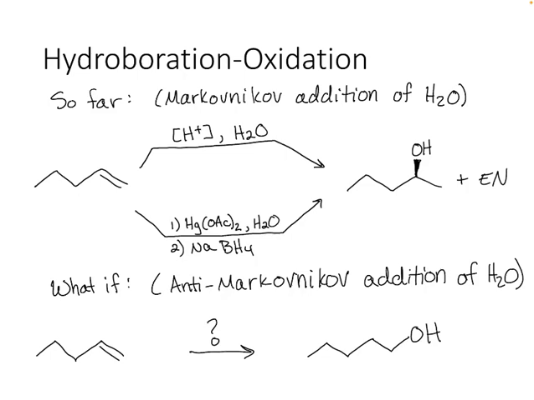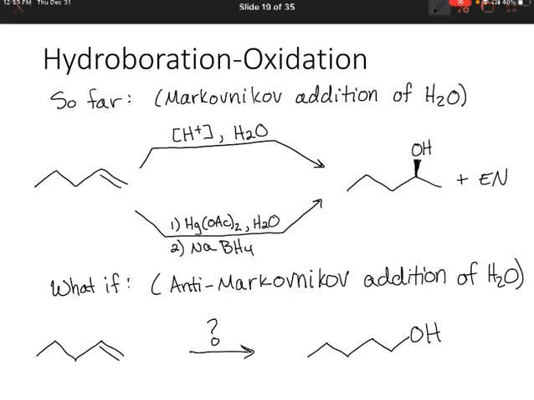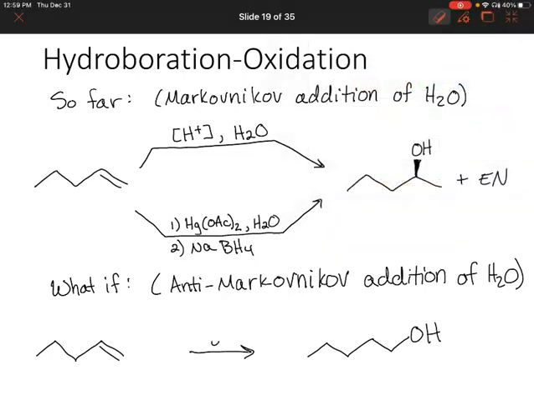So the reagents for hydroboration oxidation are kind of complex. So let me just write those in here on the arrow. We're going to start with something called borane tetrahydrofuran. So borane is BH3, and then it's bonded to something abbreviated as THF, which is our tetrahydrofuran, and I'll draw that on the next slide.